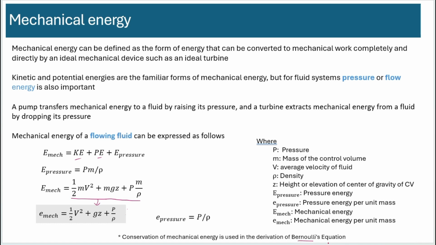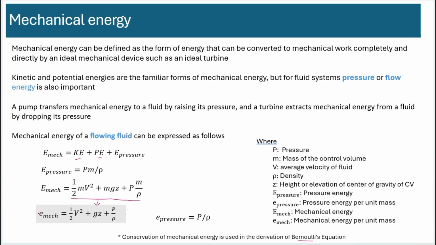Okay, so whenever there is a conservation of mechanical energy, it is very similar to the Bernoulli's equation that you've learned in fluid mechanics. So basically it says that the kinetic energy plus the pressure volume energy, which is the flow energy or the pressure energy, plus the potential energy due to gravity in this case, equals the total mechanical energy.